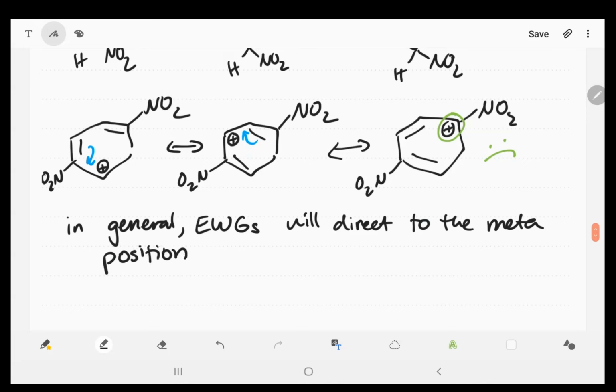So because of that, and as a result, you'll pretty much only ever get meta if you're starting with something that's got an electron withdrawing group and nothing else. So electron withdrawing groups direct to the meta position, and they also will deactivate the ring.